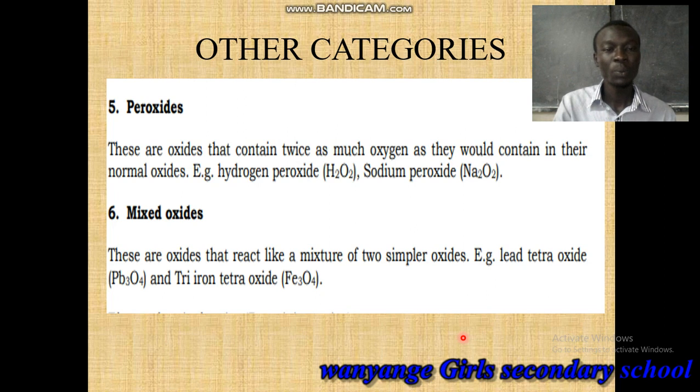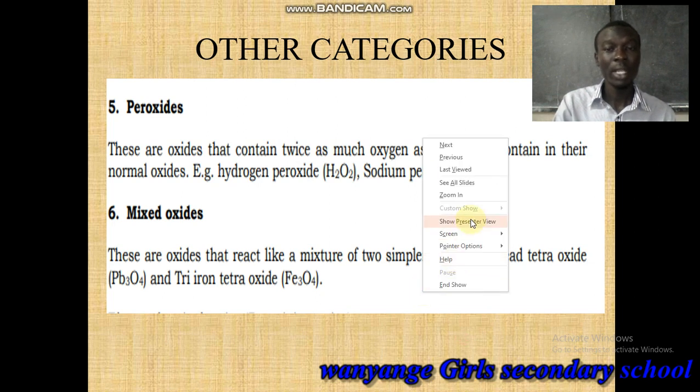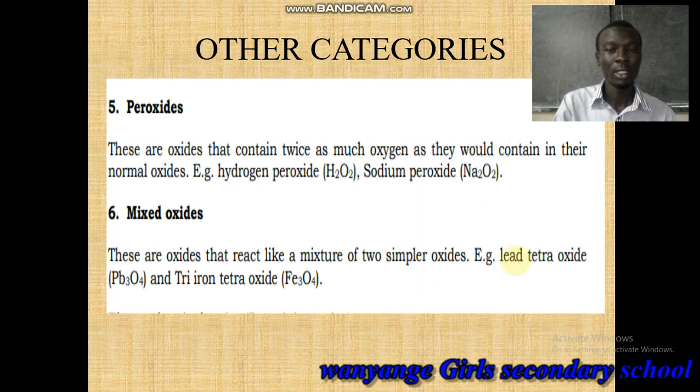For example, the normal oxide of hydrogen is water, and it has only one oxygen atom. Let's look at that. So water has this formula, H2O.